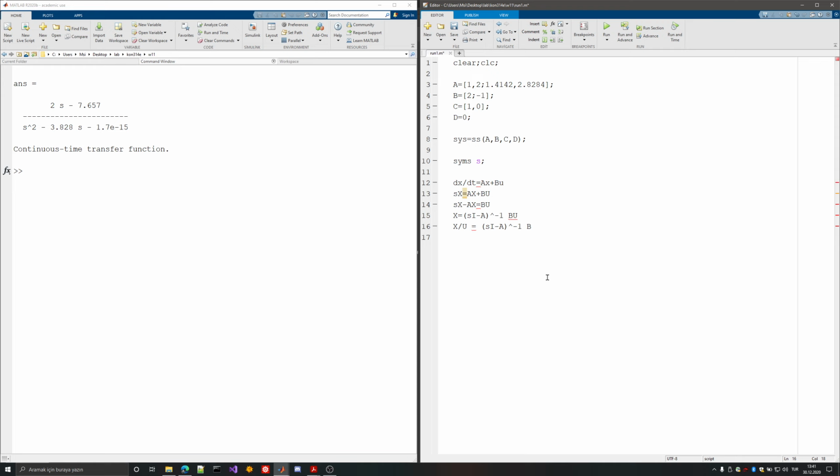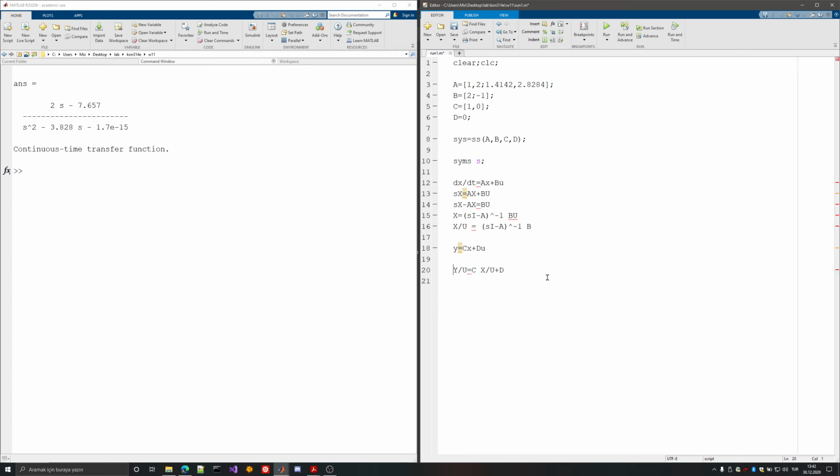What now? Well, I have another equation that is something like this. Now, if I divide every term by u, I will get the transfer function relation. Let's denote this as a capital Y. What I get will look like the following.